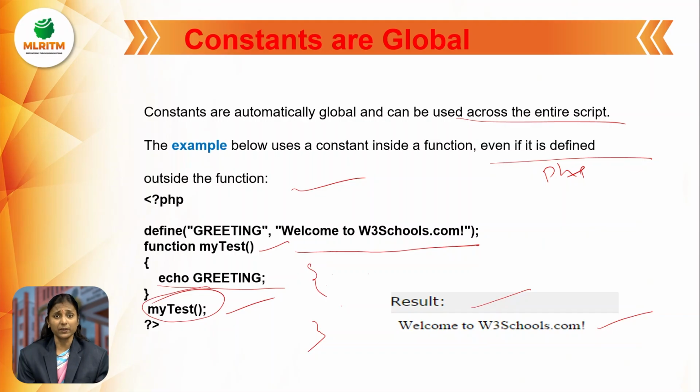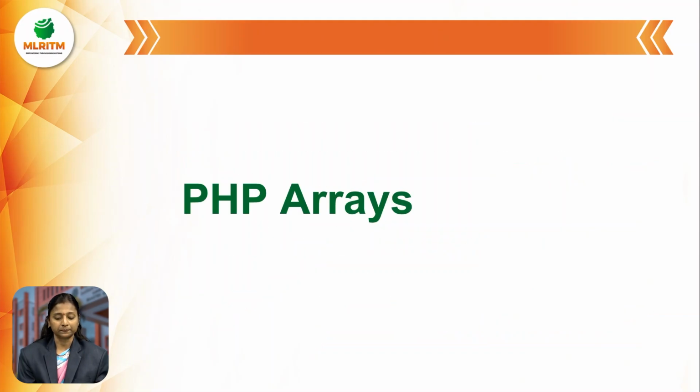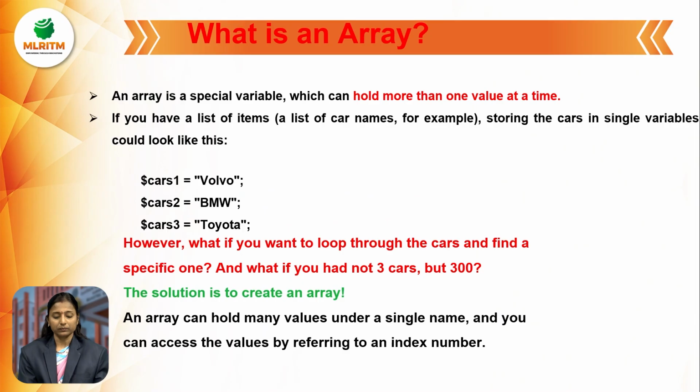The next topic is PHP arrays. An array is a special variable. It can hold more than one value at a time; more than one value can be stored in an array.